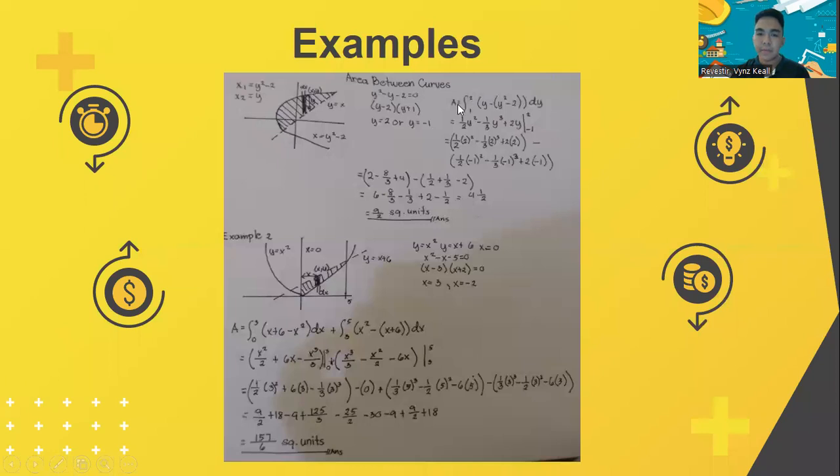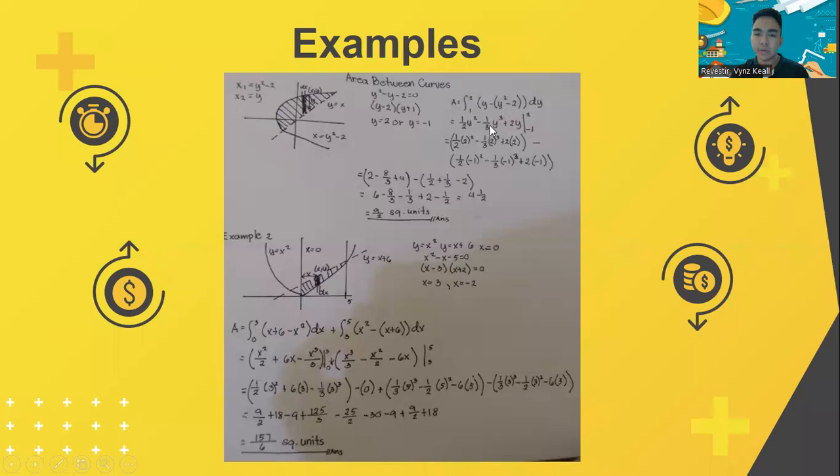Finding the area. Area equals the integral of the quantity y minus (y squared minus 2) dy from the limits of negative 1 to 2. The integral of y is 1/2 y squared.